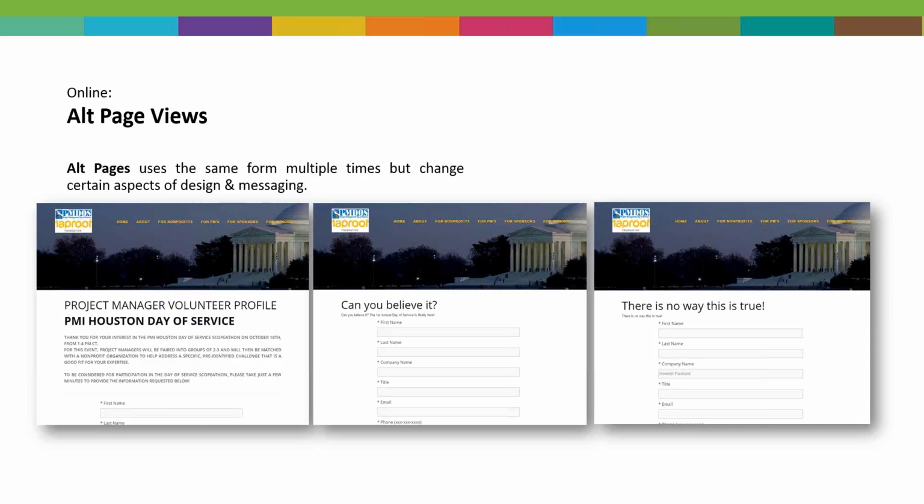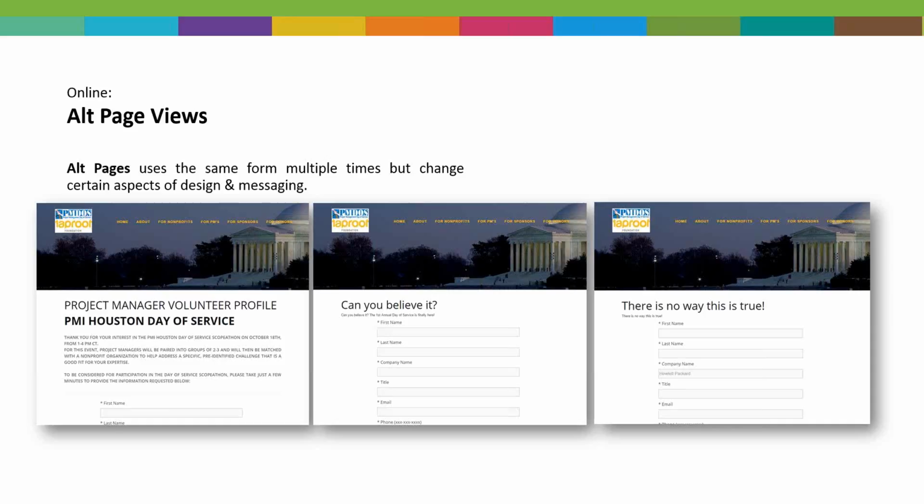So when the Virginia chapter sends out their email, they can use that link, and now people will go to the page that is speaking specifically to that group. So that's the great thing about alt page views: it allows you to have the same form, but present it differently to different users using an even more customized URL.